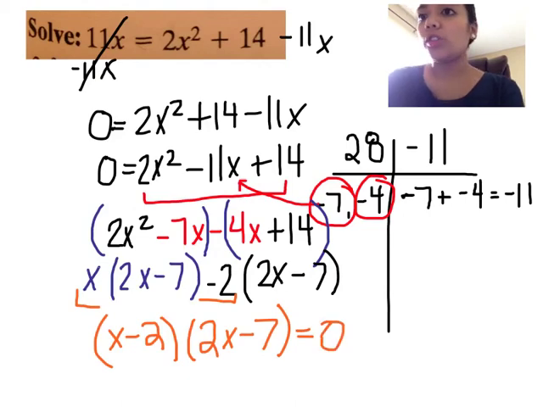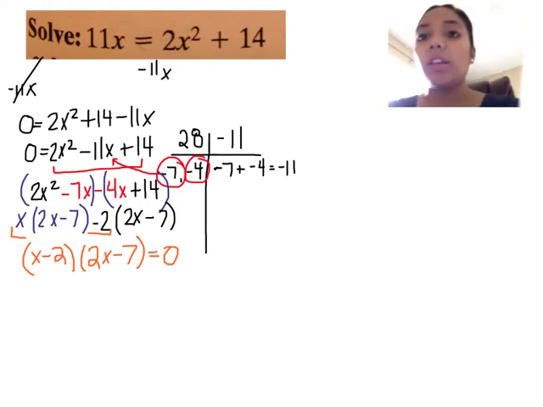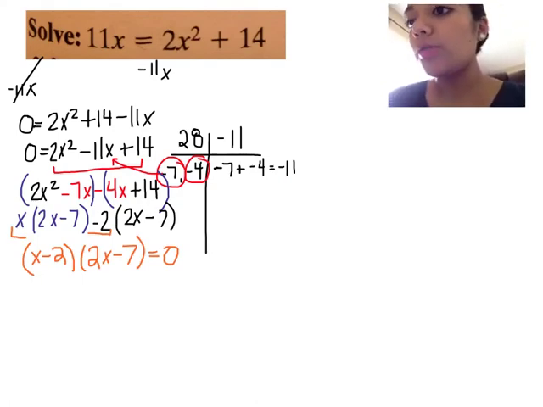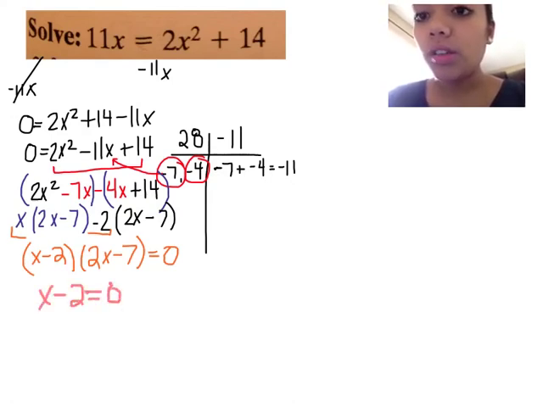So this whole chunk right here was all review. Okay, so now I finish this problem off. All the new stuff, I'm going to be writing in this light color. So x minus 2 equals 0. So I add 2, and so x equals 2.